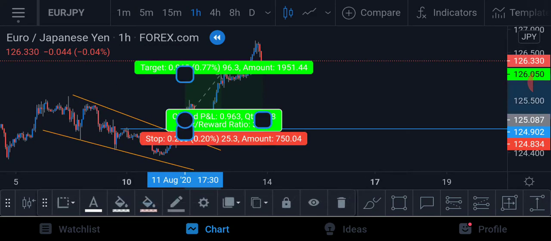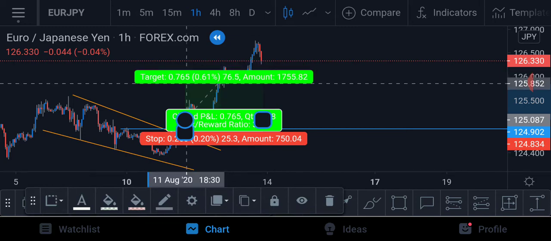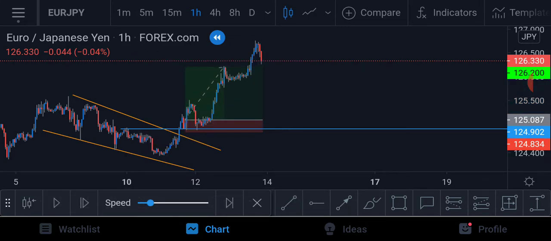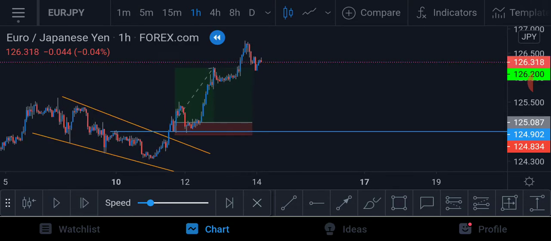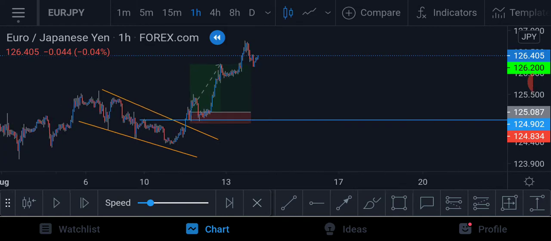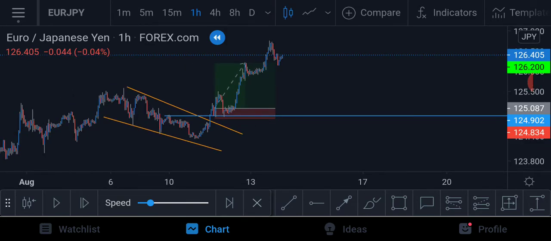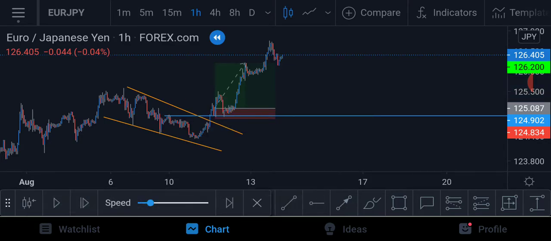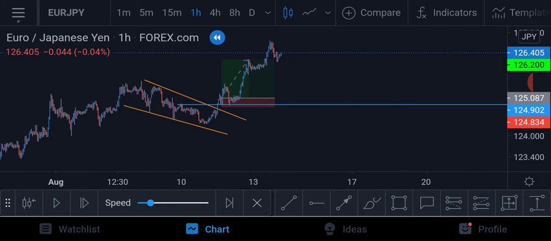I will put my trailing stop loss just above this high, and price hit my stop loss. So you can see that I traded this trend line pattern with an easy concept, just a breakout and retest. It is very easy to trade. Let's see if we can get another setup or not.